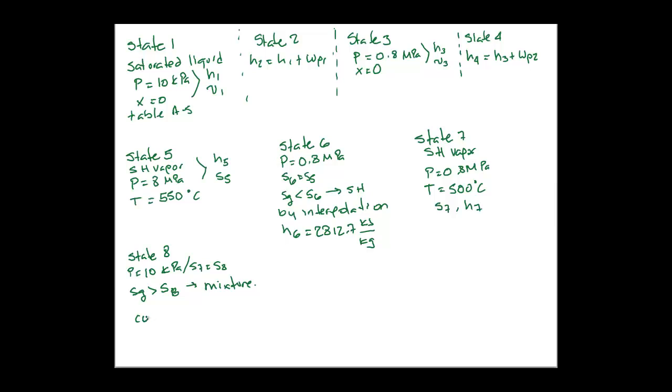We need to compute X, and this X is going to be used to compute H8. For your reference, this quality is 0.9627.